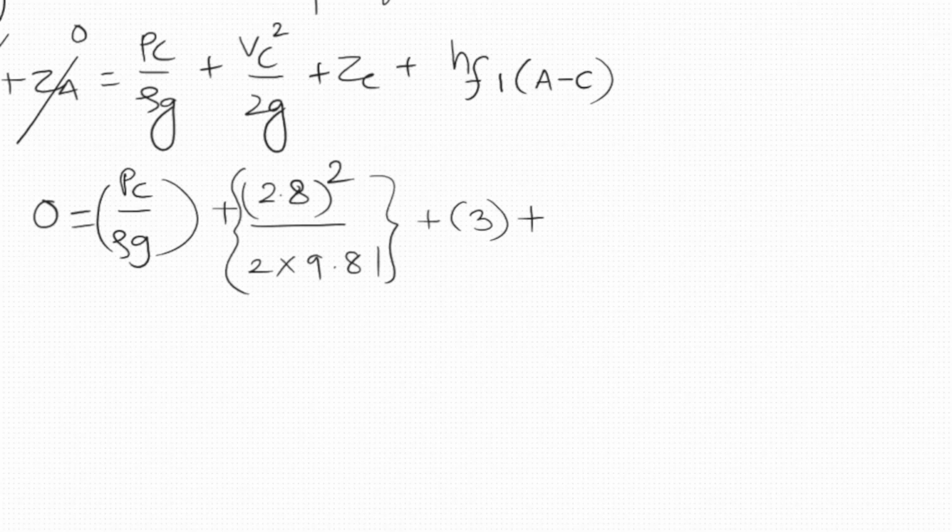Okay, so the formula for HF1 can be written as 4 f L V square upon D into 2G. The value of F is given 0.005.